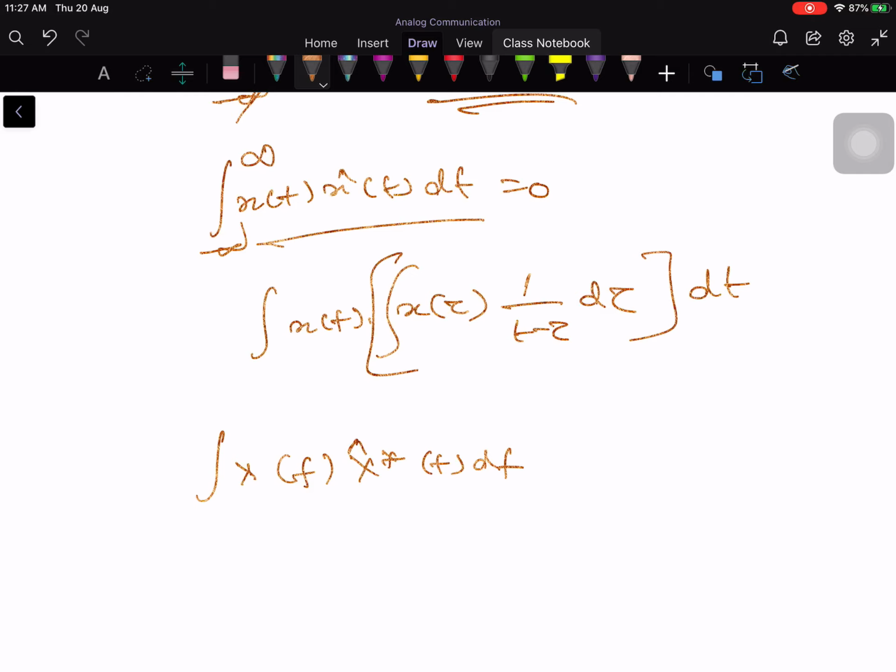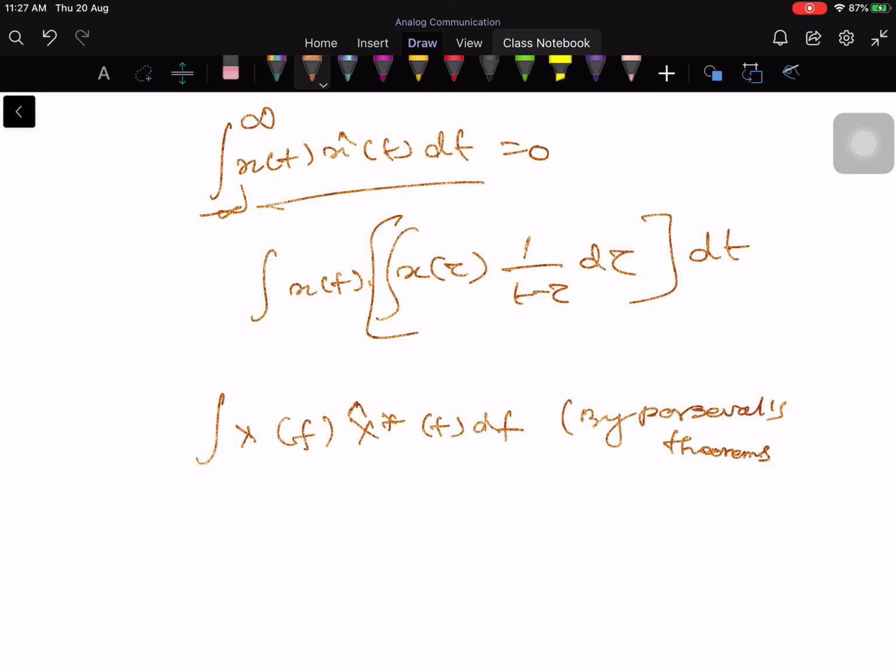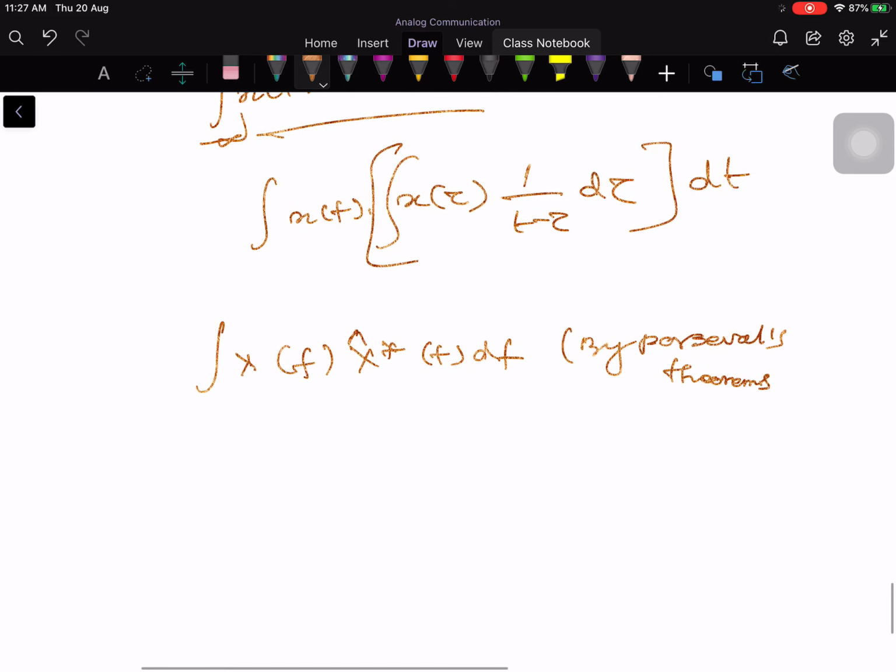By Parseval's theorem this is equal to the time-domain integral. Using this you can prove that.